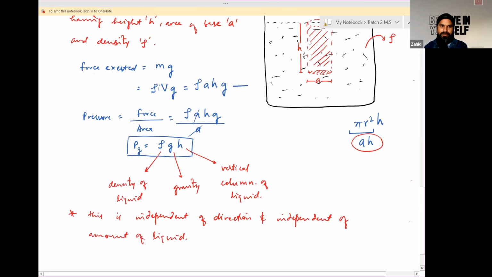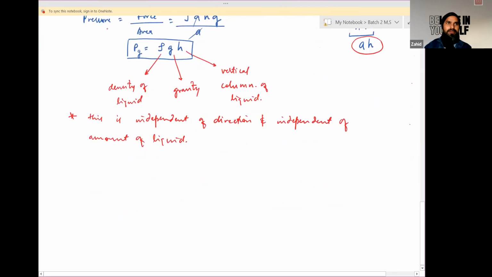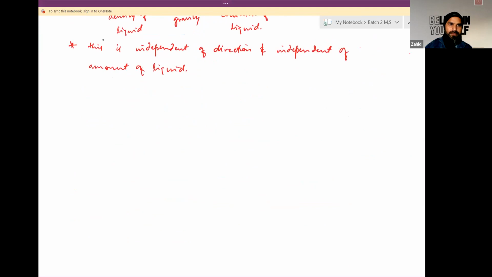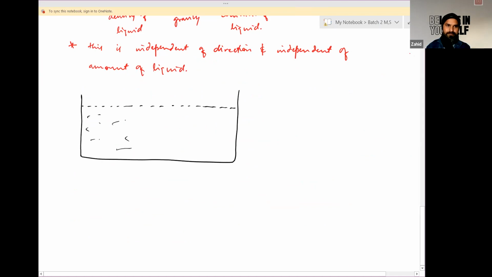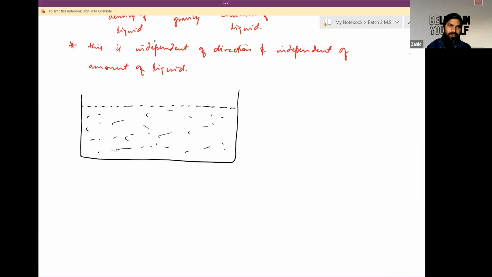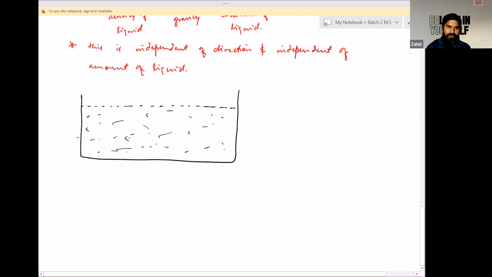Let me explain what it means. Suppose you have a container in which liquid is up to this level. Now draw a horizontal level at a particular depth, let's say h.